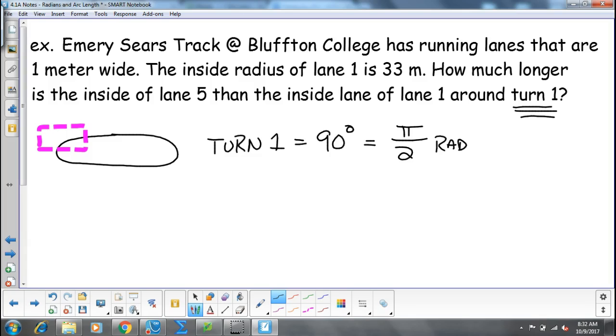Now we need to know about lane 5 and lane 1. So we should find out the arc length of lane 1. So my theta for both of them is going to be pi over 2.